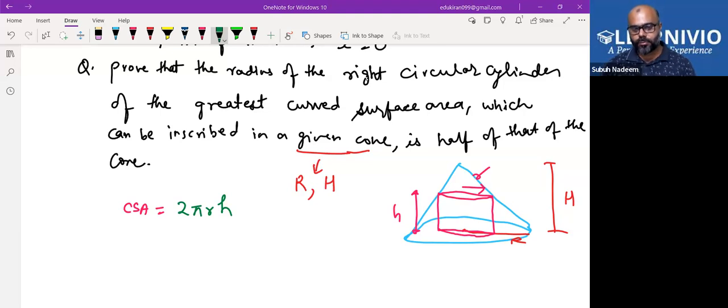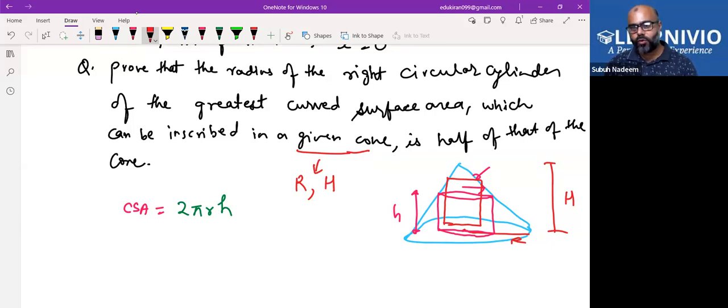Now this curved surface area has the greatest value. That depends upon h and r both, because if you take a cylinder which is like this, then its curved surface area will be something else, and the radius and height will also change. So you can take any type of cylinder inside this cone, which has different area, radius and different height.